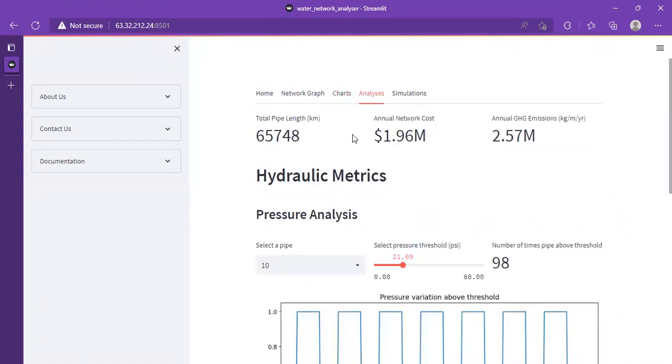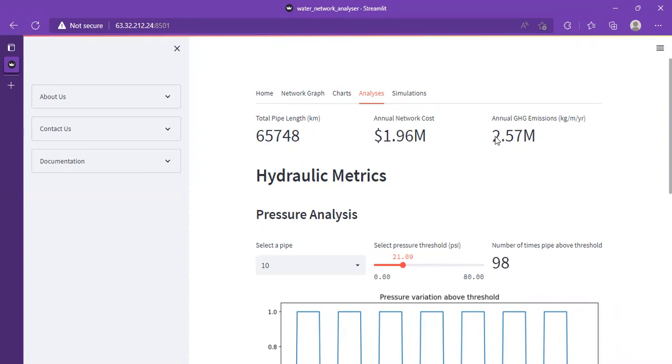Then we also have the analysis tab. In the analysis tab, you may be interested in knowing some of the metrics that are useful in monitoring or managing water networks. One, you may be interested in knowing the total length of pipes in the network. Then you may also be interested in knowing the total cost of the network.